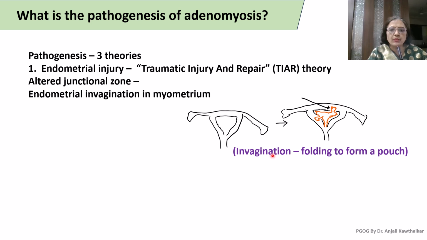The literal meaning of invagination is folding to form a pouch. So here the endometrial layer is entering into the myometrium, folding on itself to form a pouch, as you can see here. That is how there is an invagination of endometrium into the myometrium.